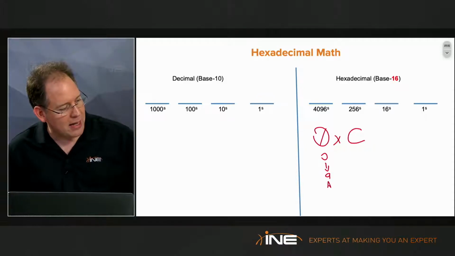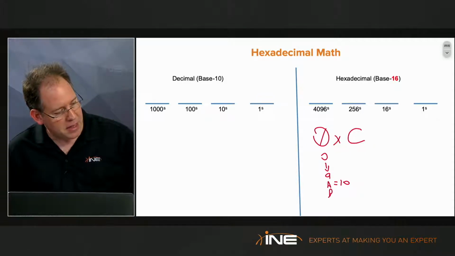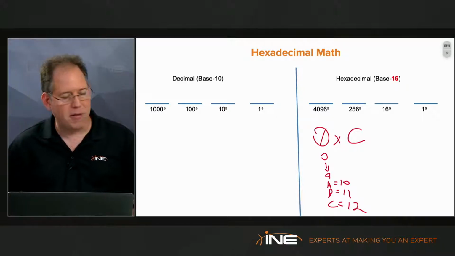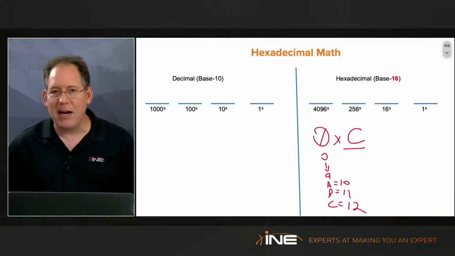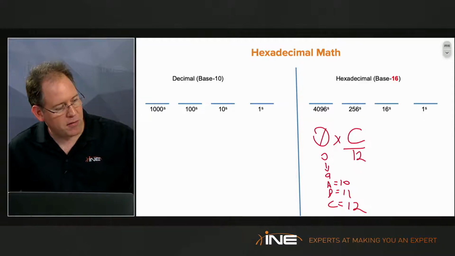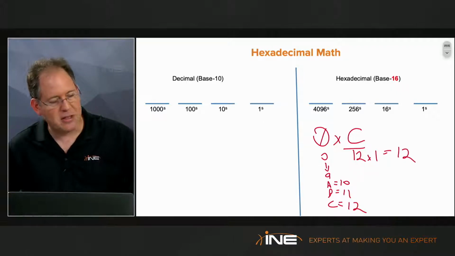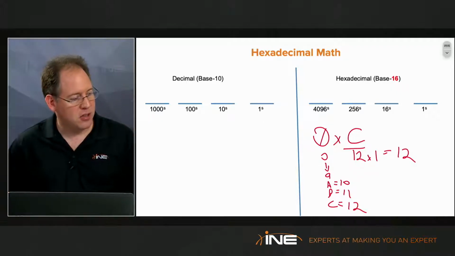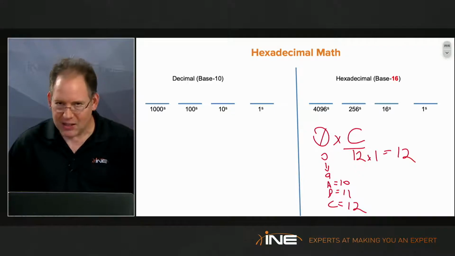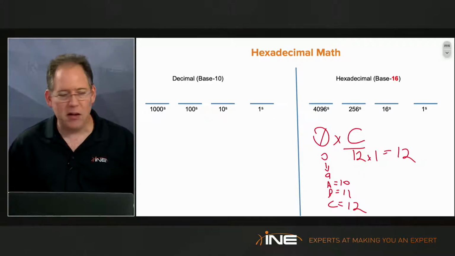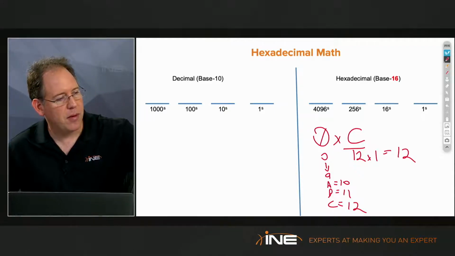Well, we know that A is equal to 10, B is equal to 11, C is equal to 12. And because I only have one spot here, that's 12 times my ones position. So that's the number 12 in decimal. So 0xc in hexadecimal is the same as 12 in decimal.